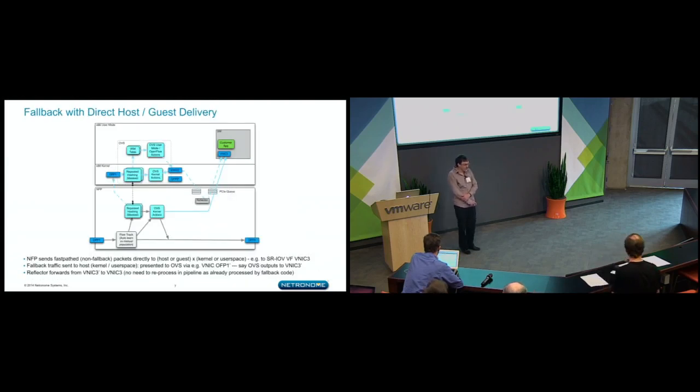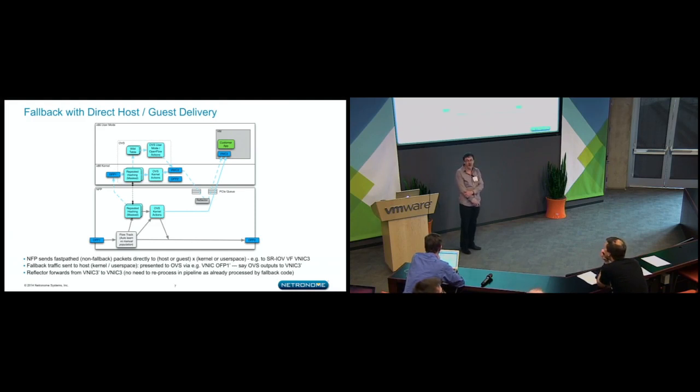So let's have a look at the fallback paths and the fast paths. So assume, for example, traffic comes in here at the OFP1 port, and it needs to go to that VNIC in the VM. The solid line would be the fast path. If you do need to fall back to the OVS code in user mode, you need to send it to these netdevs that represent the physical ports.